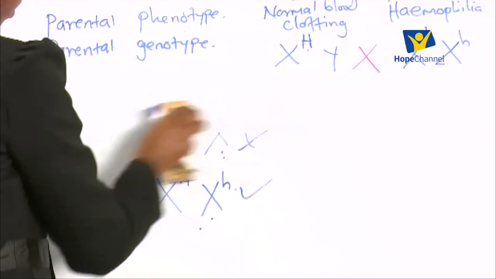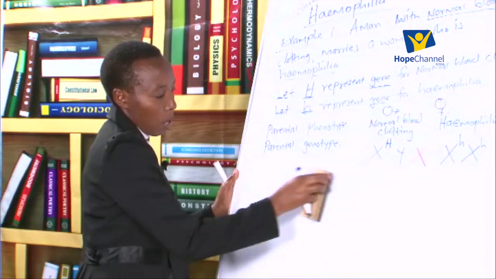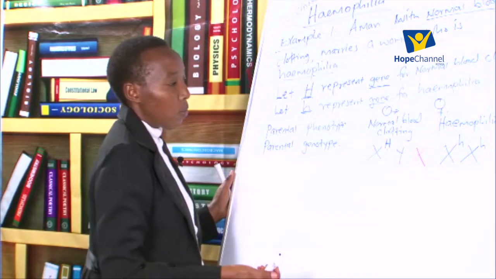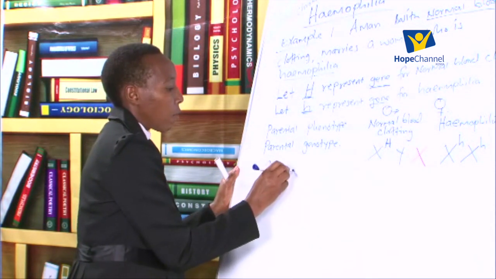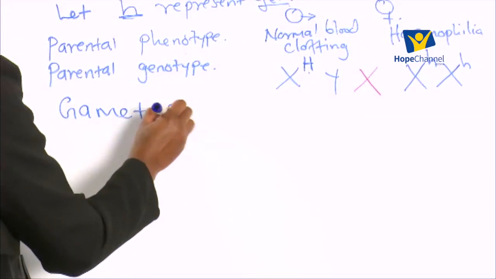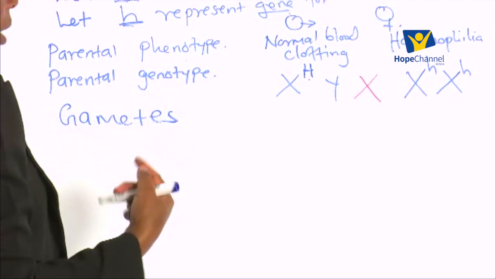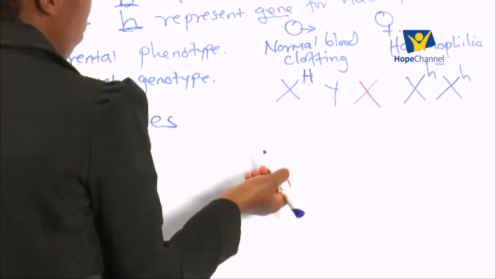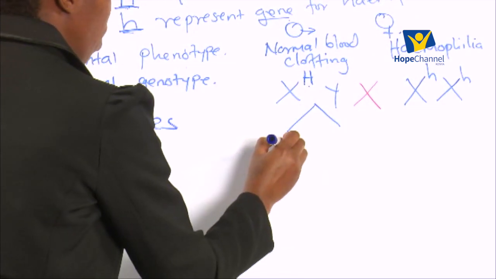So after the parental genotype, we want to assume that meiosis has taken place during gamete formation. Meiosis takes place, and then after meiosis, we form gametes. And we know that gametes usually have half the number of chromosomes as the parent. So during meiosis, what do we expect?